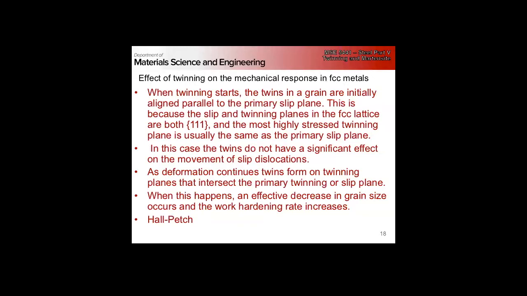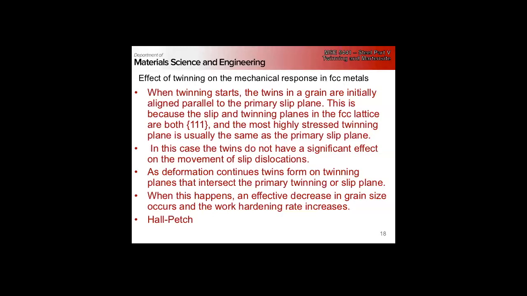Okay. What's then going to happen? We continue to work harden. As deformation continues, is there only one slip system active in a grain? No, right? We have multiple slip systems that are active within a grain because we've got all this geometric confinement and crazy non-local heterogeneous stress states.